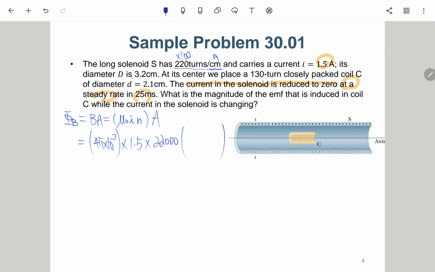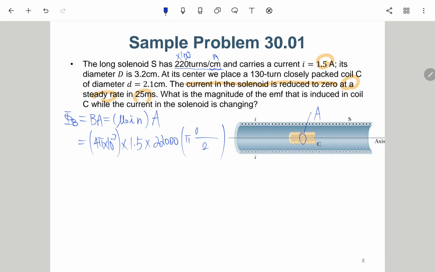And then it's the cross-section area of coil C. This is A. Okay, so A is actually pi r squared. So the closely packed coil C of diameter D. So diameter, change it to radius, we should divide by 2.